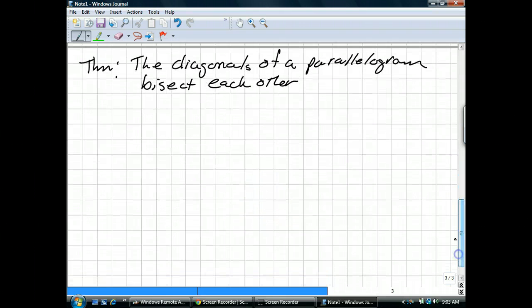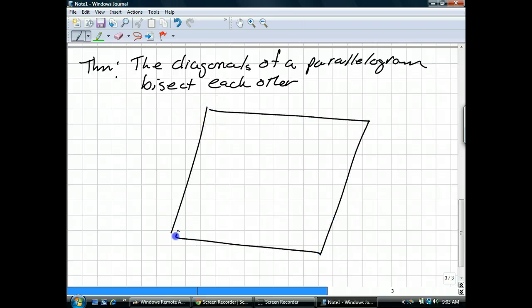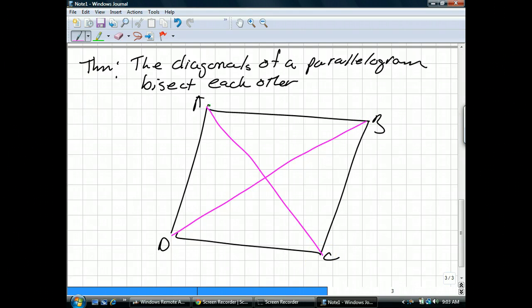Okay, so again, if I have parallelogram ABCD, and I draw in diagonals, so diagonals go to opposite vertices, okay, then that creates a point O. And so O is going to be a midpoint of AC, and so I know that AO is congruent to OC, and I know that DO is congruent to OB, because it says the diagonals bisect each other.